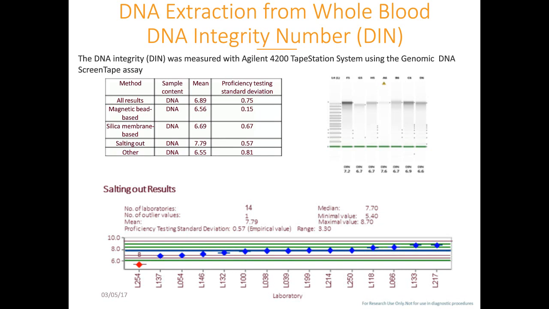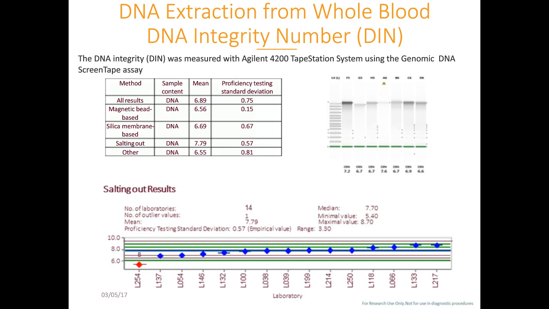And here you can see the average DIN, DNA integrity number, and corresponding standard deviations of the DNA extracted by the participants using different types of DNA extraction methods. It can be seen, for example, that salting out provides relatively higher DIN values.